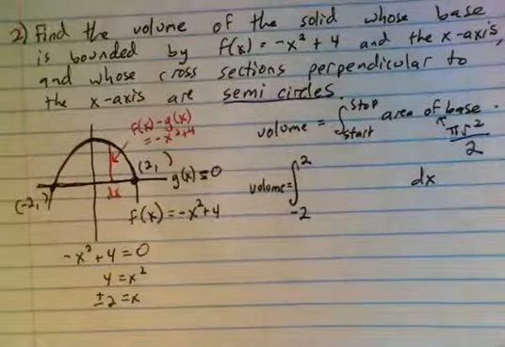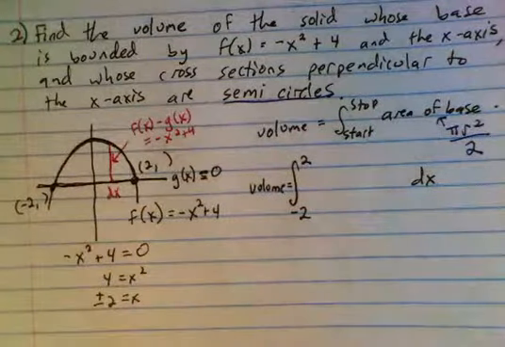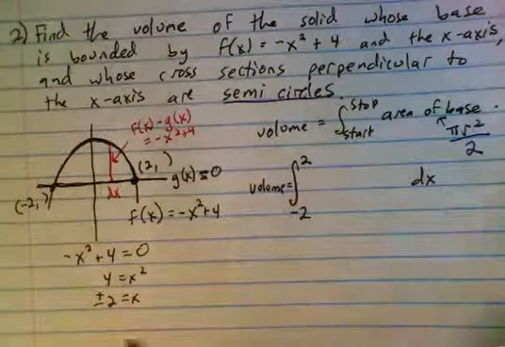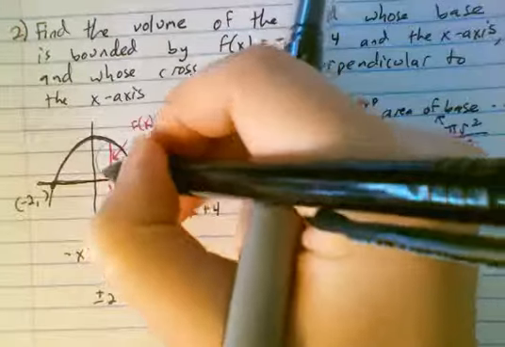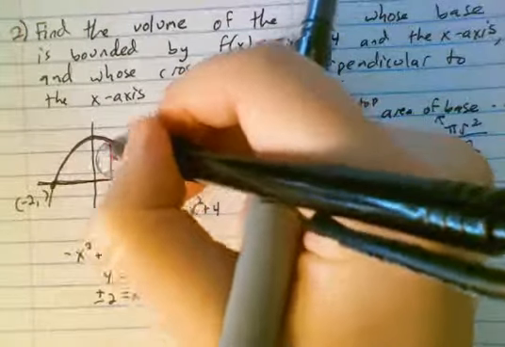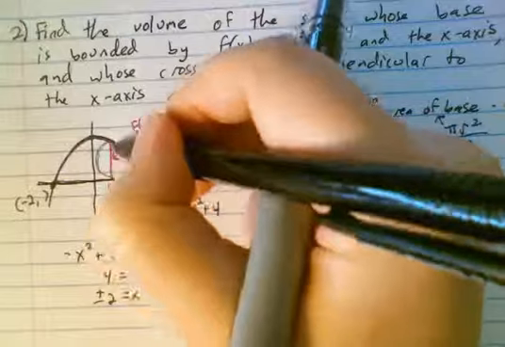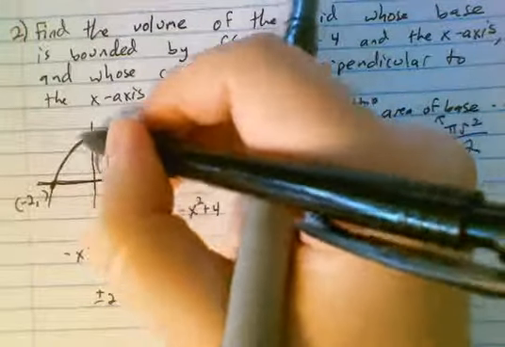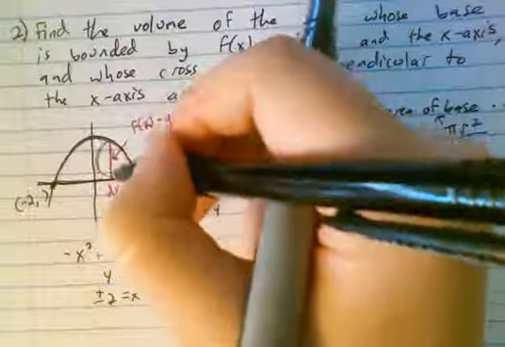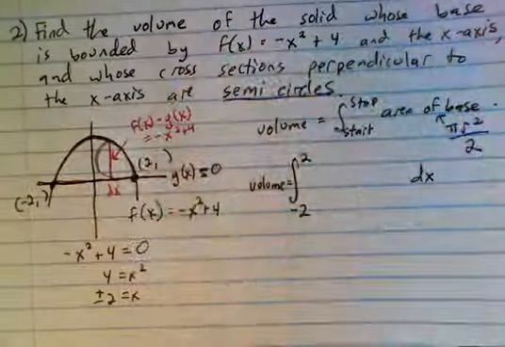Now, I have to figure out what this looks like. So I'm going to have basically little tiny semicircles coming out of this, with this sort of as that flat side. And so I have a whole bunch of little tiny semicircles coming out, but this is the one that I'm looking at in order to set up my formula.